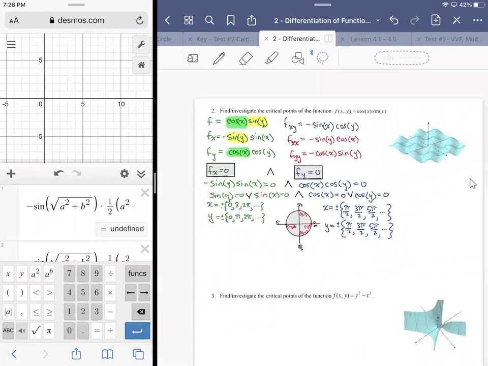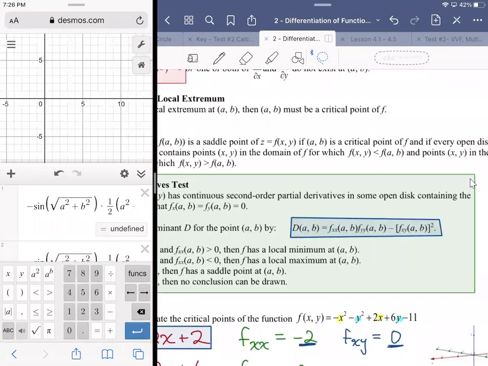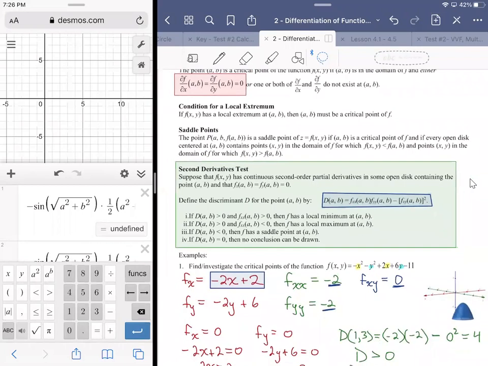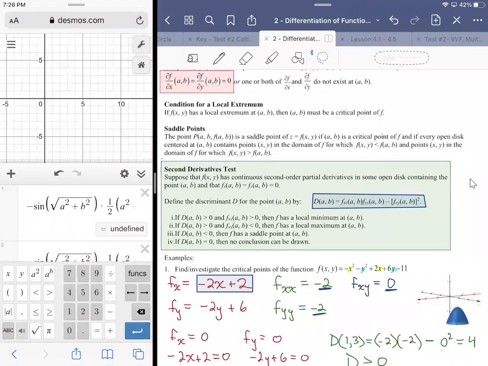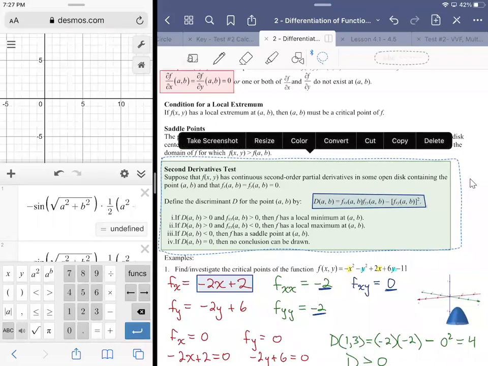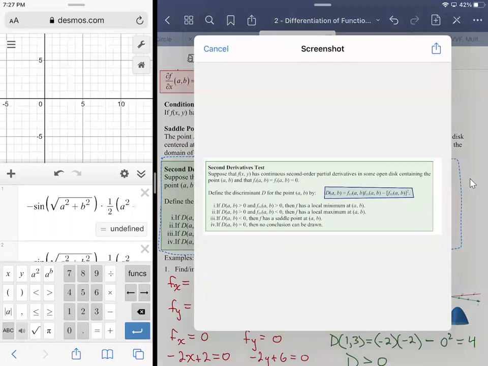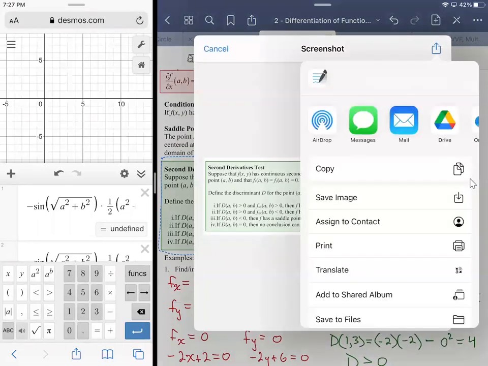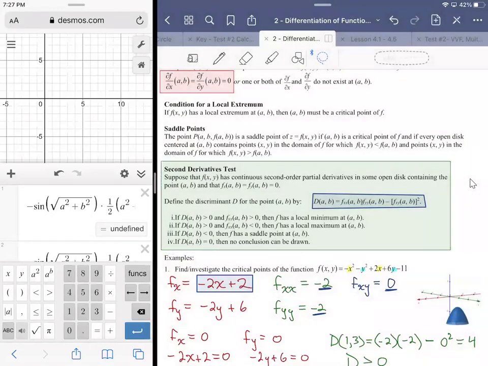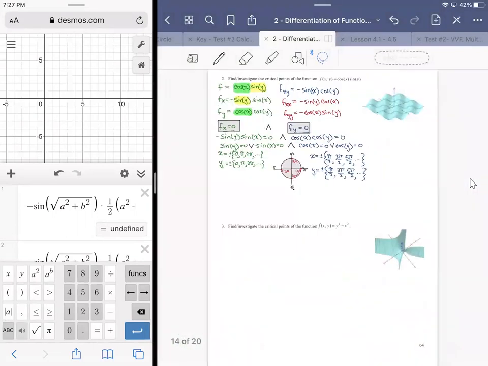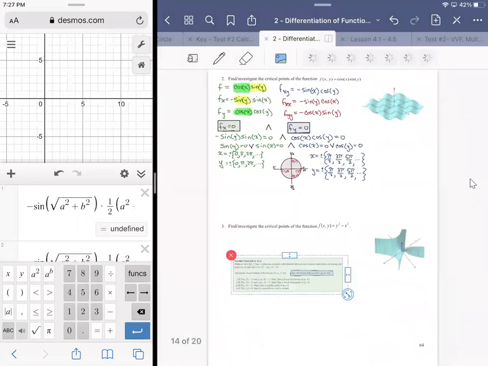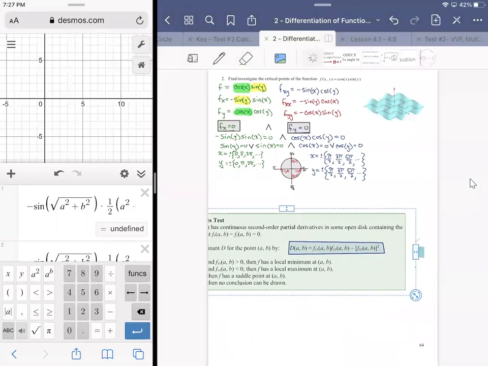But if you keep sight of what it is that we're trying to do, let me just grab this and bring it over so I can point to it. I'll just put it down on the bottom here temporarily.